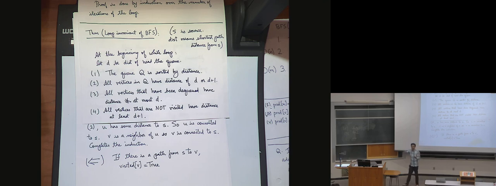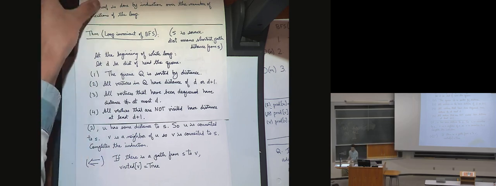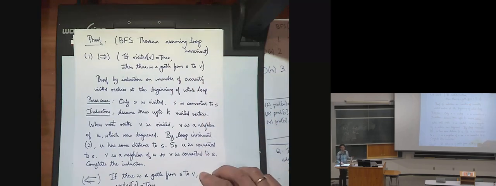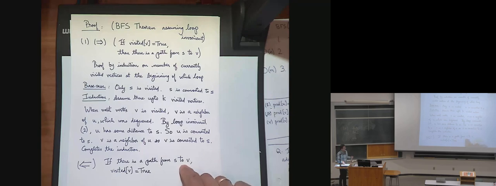If there's a path in the predecessors, then it's obvious. Is it because we only set visited from false to true in the for loop? But that's just the induction part of what you said. I proved the converse: that if visited V is true, there is a path from S to V. I didn't prove that if there is a path from S to V, then visited V is true.